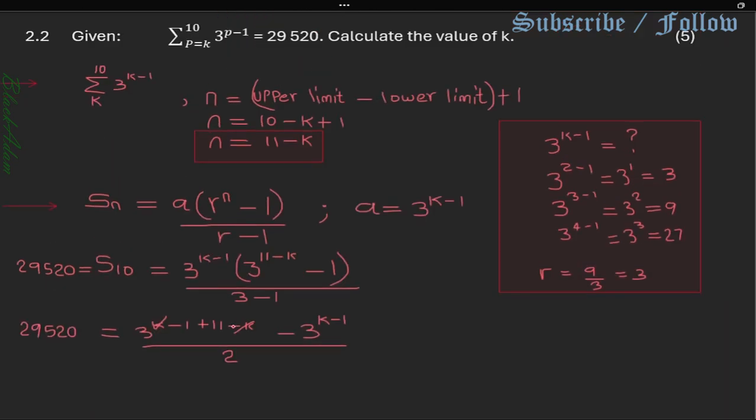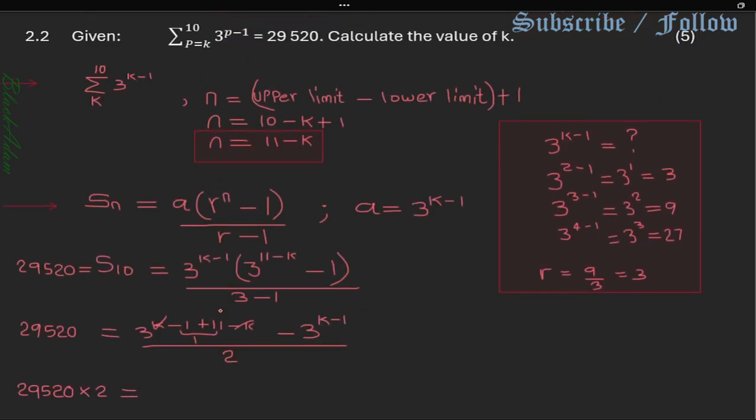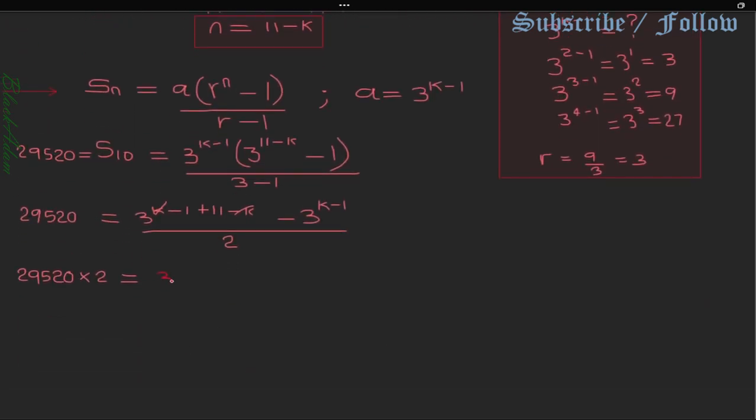When it's all over 2, the k cancels out, and then we have -1 plus 11, and then multiply by 2. That gives us -1 plus 11, that's 10, so it's 3 to the power 10 minus 3 to the power k minus 1. I think it should be -1.